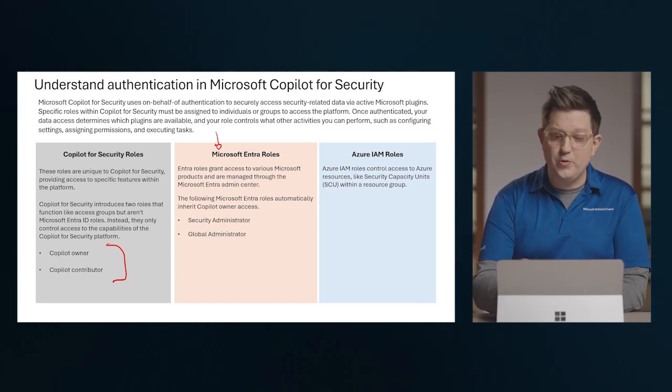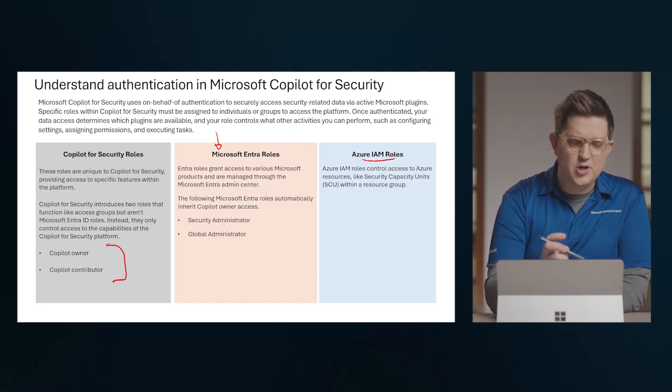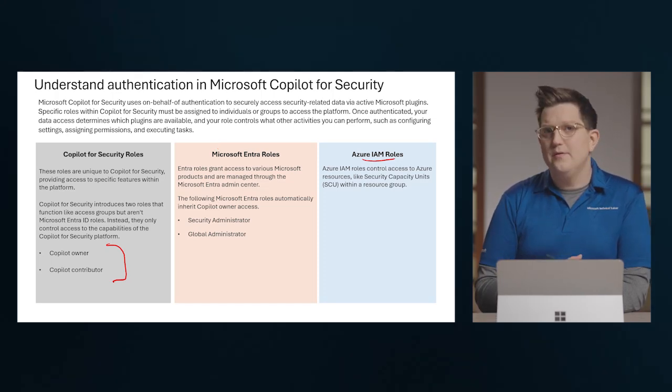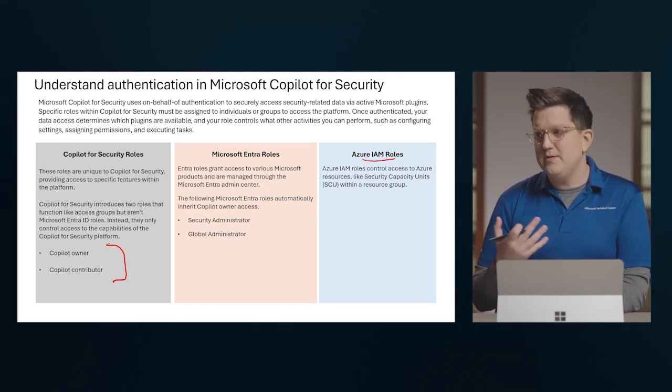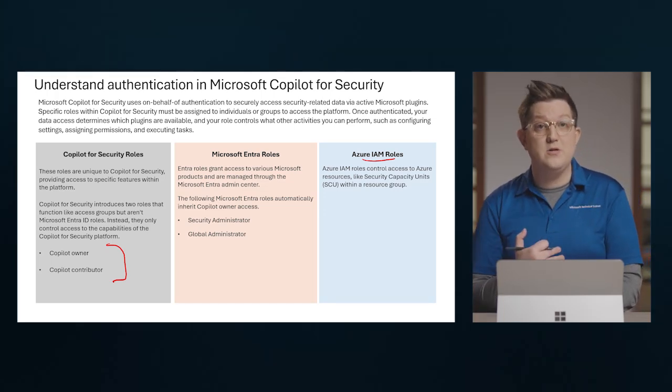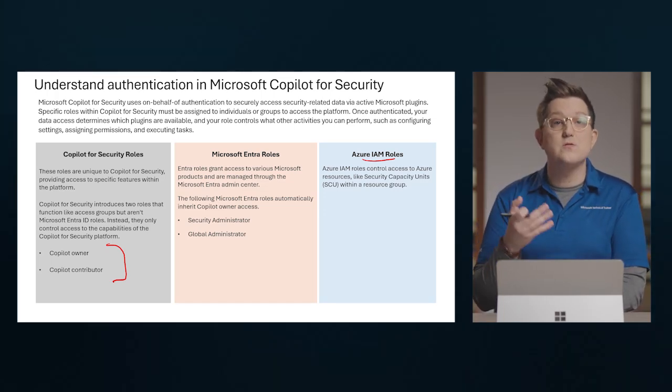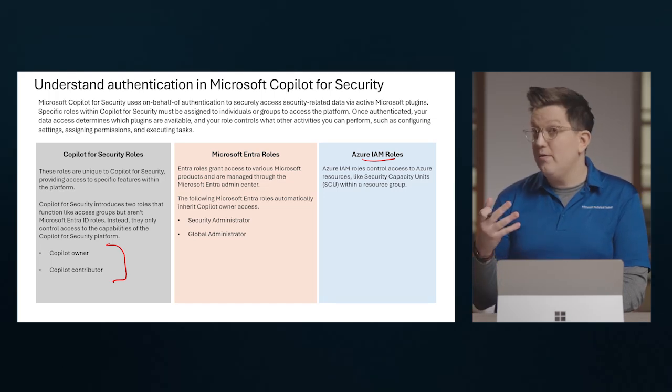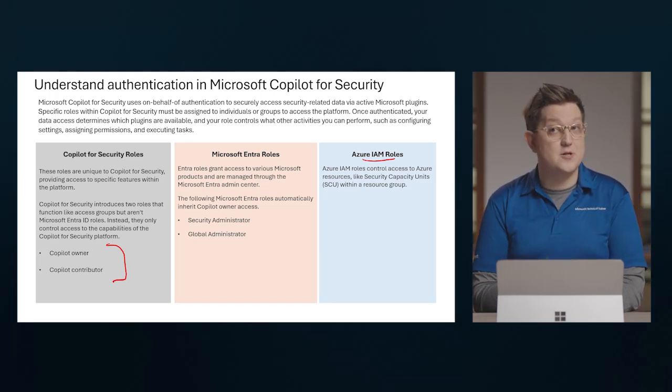Now, the last important role is an Azure IAM role. IAM roles are what we use to actually manage permissions within an Azure subscription. And security compute units, those SCUs that we use for Copilot for Security, get provisioned into an Azure subscription.